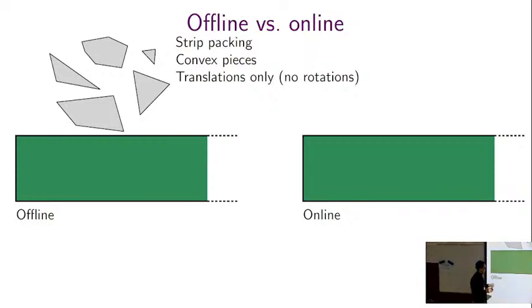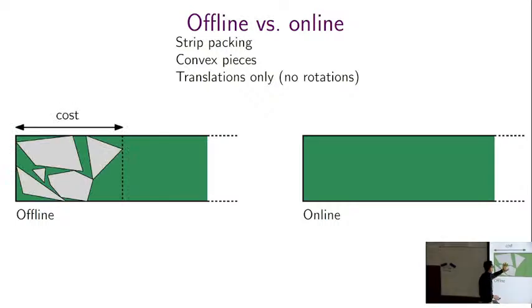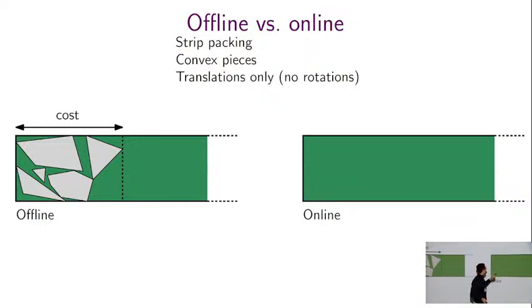So that means that in the offline problem, we have some set of convex polygons here, and we want to find out how to put them in the strip, and we can compute, and then we find out, okay, we want to put them here, and then the cost is how much of the strip we have used. Then in online, we get these one by one, and have to decide where we want to put each.